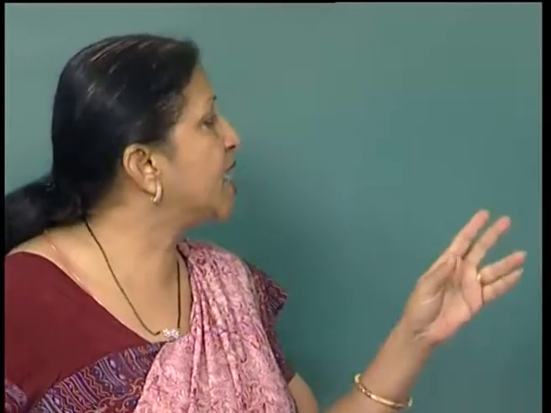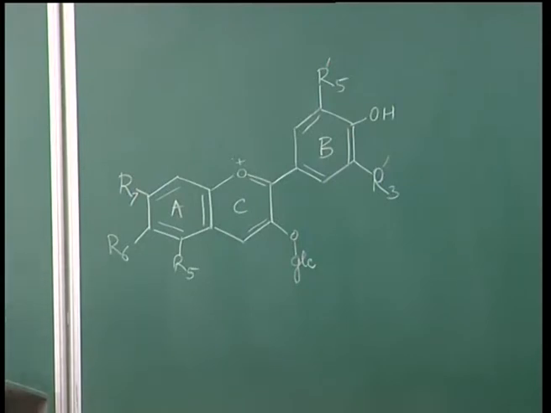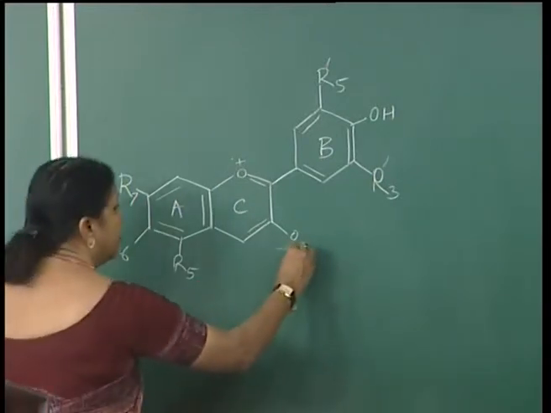Now, you see that there are many chemicals or compounds of this, and many possibilities are there where the R3 prime, R5 prime, R5, R6, R7 in the A ring, and the cleavage of this particular.